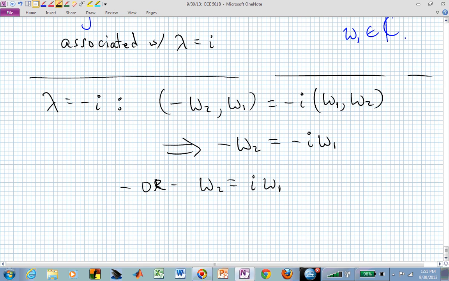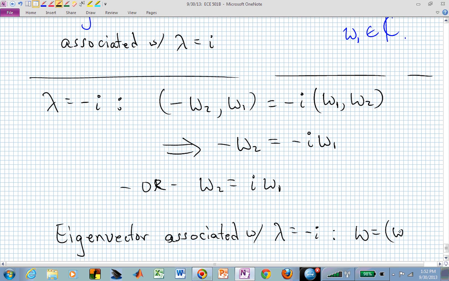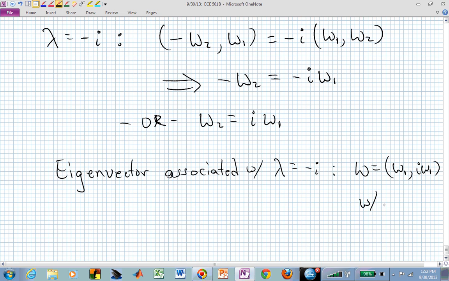And now we can see then that the eigenvector associated with lambda equal to minus i is this vector W that will be omega 1 and omega 2 is i omega 1 for any omega 1 belonging to the complex field of numbers C.